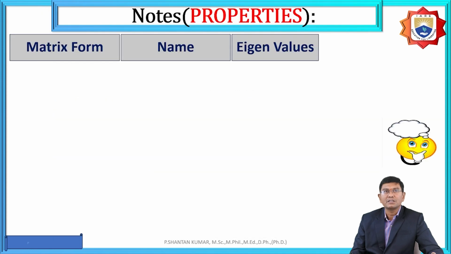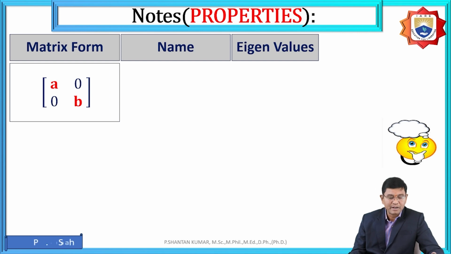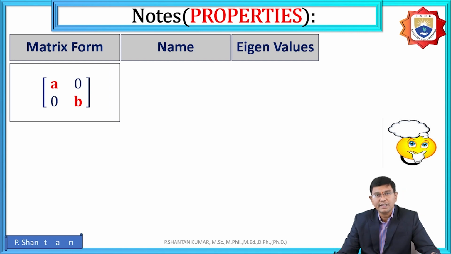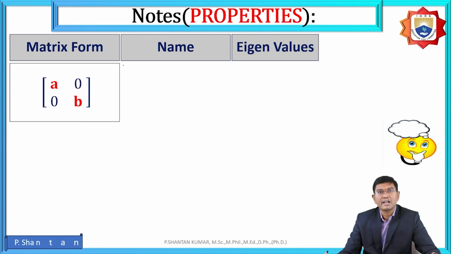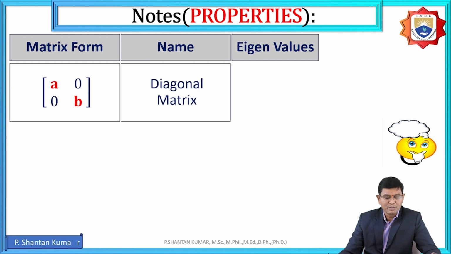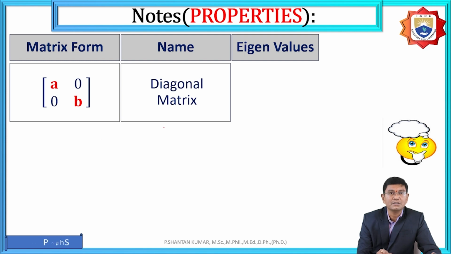First we'll discuss the matrix form. That means if a matrix is given, what is the name of the particular matrix, and what are its eigenvalues. For example, consider the 2 by 2 matrix [a 0; 0 b]. Observing this matrix, it is a diagonal matrix because the non-diagonal elements are zeros.